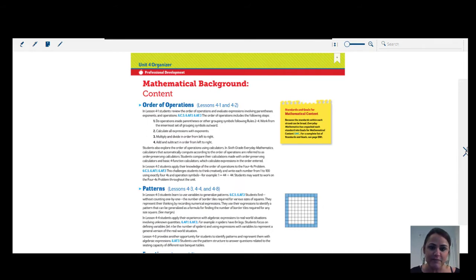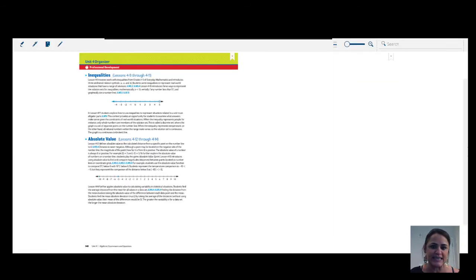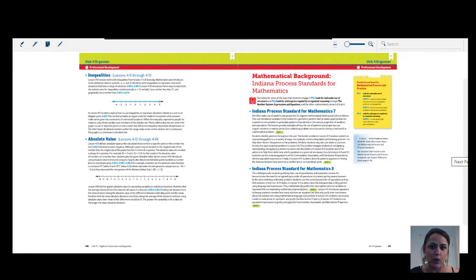There are a couple of pages, and I'll open it back up to the double page spread just so that you can see these bite-sized professional learning opportunities to help us think about, oh, what is the content? Like what's happening within the math? And if I go to the next page, you're also going to see the same kind of support for the process standards.